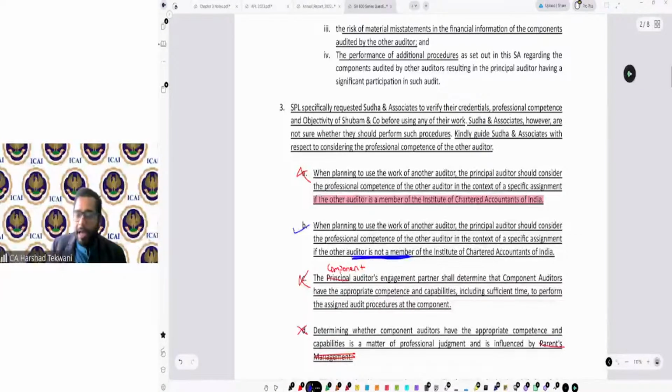So B is the correct option. Any doubts? Any doubts, guys?